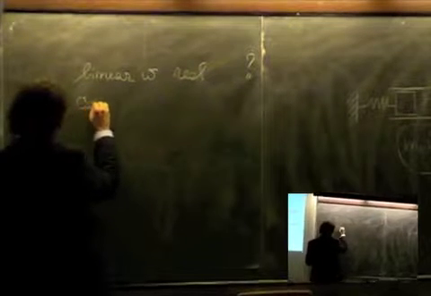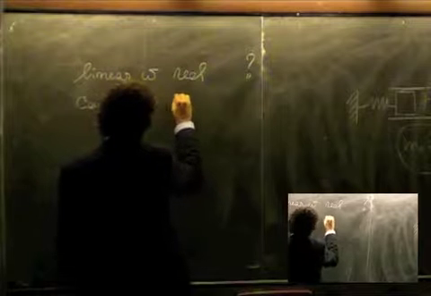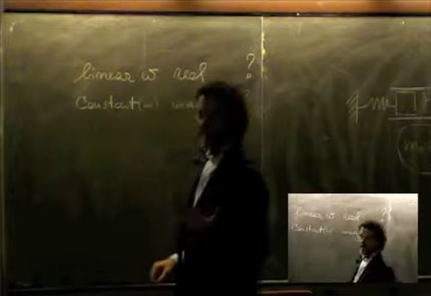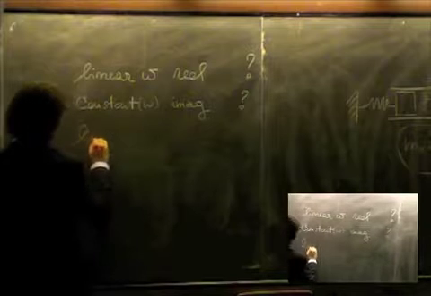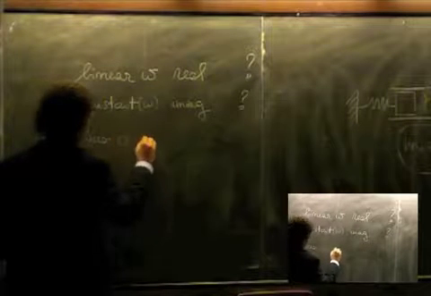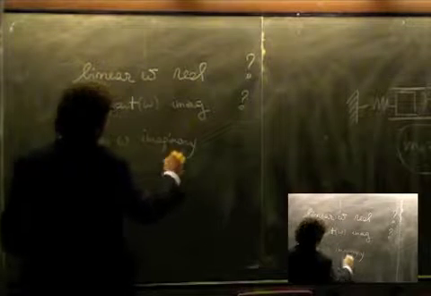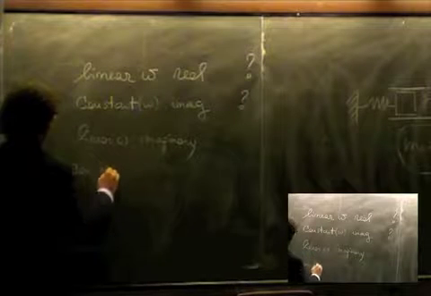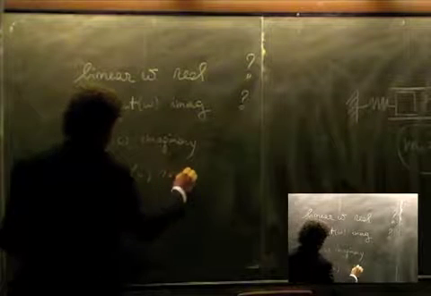The constant in omega that is imaginary is a little bit complicated. The 2 terms that we can understand very easily are the linear part that is imaginary, and the constant of omega that is real.